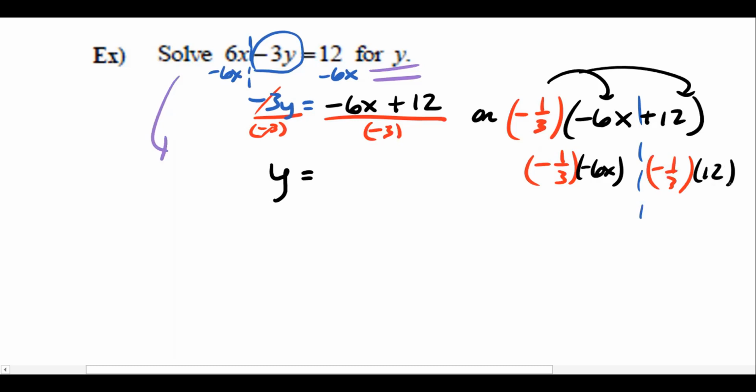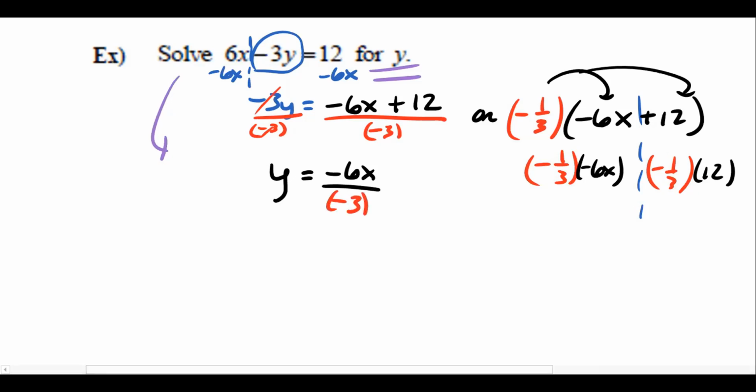So again, I'm just going to go back. We distribute the negative 1/3 to both terms, and we could rewrite this. Instead of doing this, I'm not going to do the calculation yet, but negative 1/3 times negative 6x, isn't that the same as negative 6x over negative 3, a factor of negative 3, right?